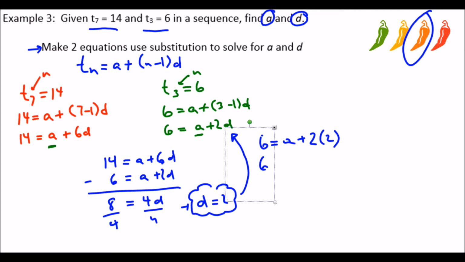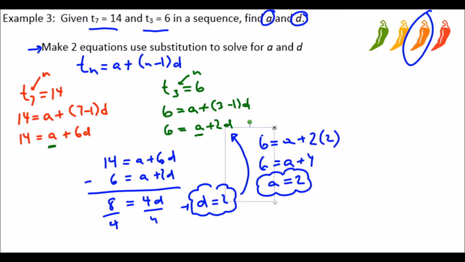So 6 is equal to A plus 4. Subtract 4 from both sides, I get A is equal to 2 as well. And there we go. I solve for A and solve for D by using substitution. Because my two terms here were the same sign, I can just subtract.